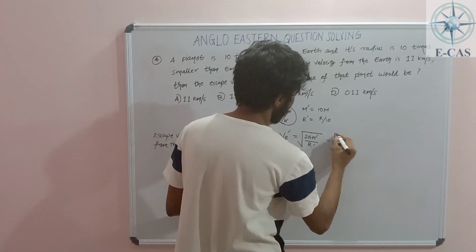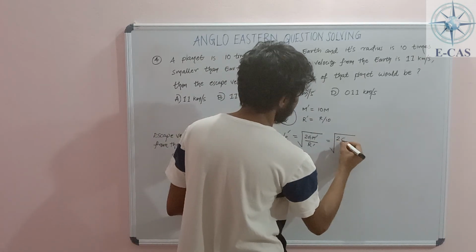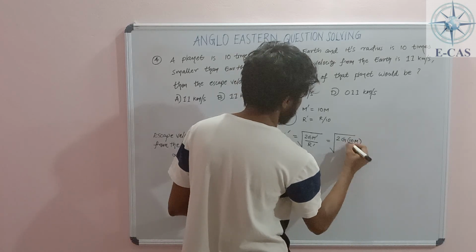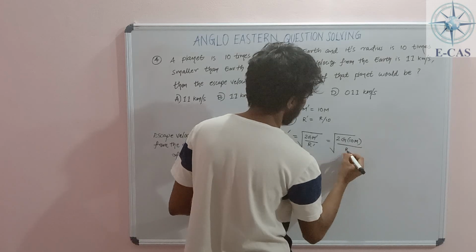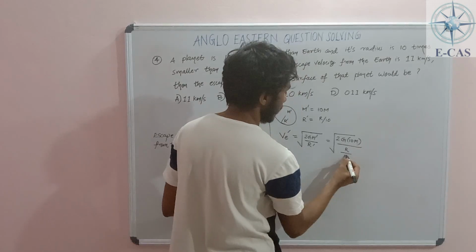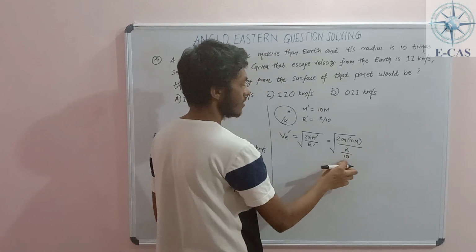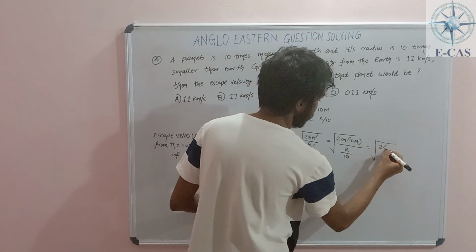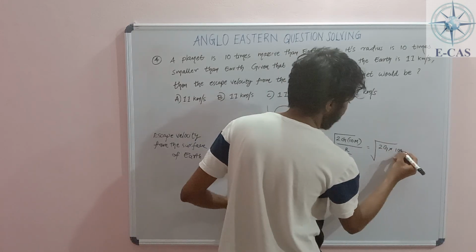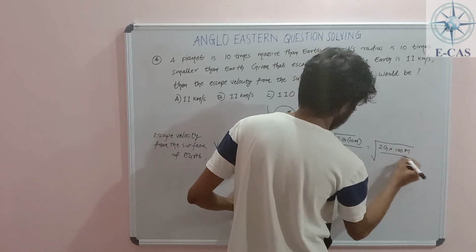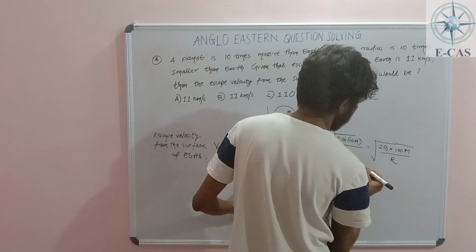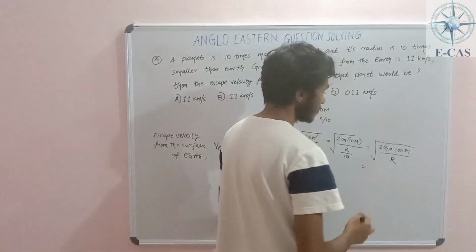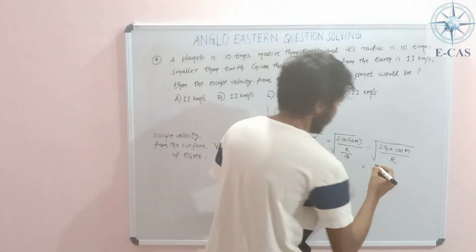So it becomes root of 2G into 10M by R by 10. This 10 comes to the numerator. So root of 2G into 100M by capital R. 100 can be taken outside as 10 because the square root of 100 is 10.